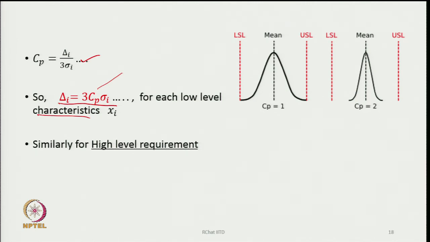Suppose a machine generally produces a non-woven fabric where the Cv has been found to be around, let us take an arbitrary value, 10%.